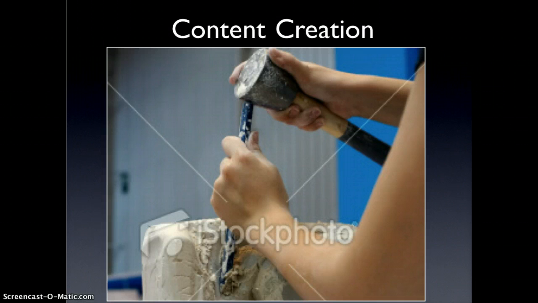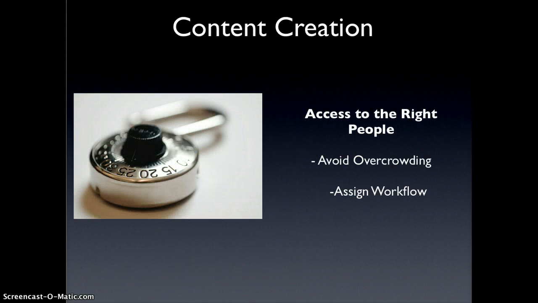Once you do that, you can move on to the content creation process, and remember, we're looking at this from a governance standpoint. When we talk about content creation, we talk about the process that goes into creating, the workflow. The most important piece of that is access.